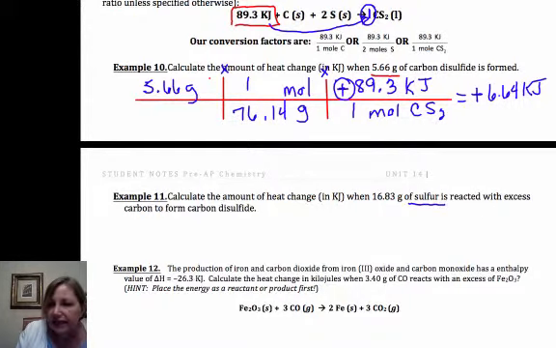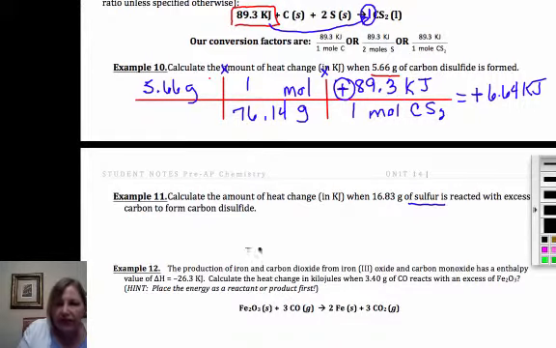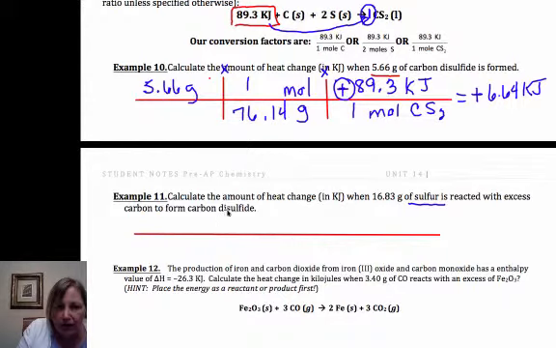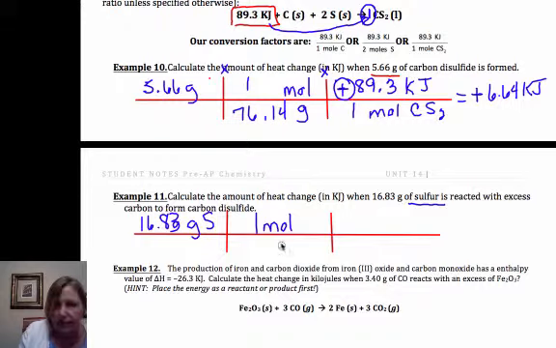Now on this next one, it's asking us about sulfur. Again, I have an enthalpy, and when I have an enthalpy, you're going to do a dimensional analysis. I need to go mass to moles, then moles to kilojoules. So I've got 16.83 grams of sulfur. Mass to moles, use molar mass. We're going to assume it's just the S, 32.06 grams of sulfur per 1 mole of sulfur.